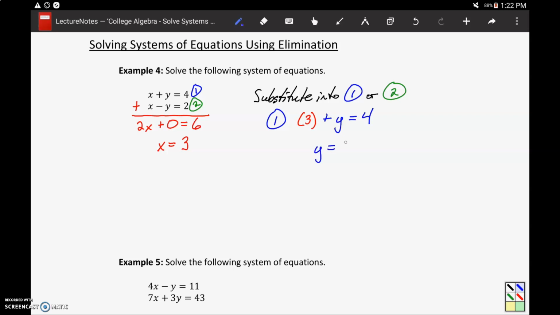Subtracting 3 to the other side will give us y is equal to 1, meaning we come up with the point of intersection as (3, 1), which again is an answer that we already knew, but demonstrating that we can use this elimination method interchangeably with the substitution method.